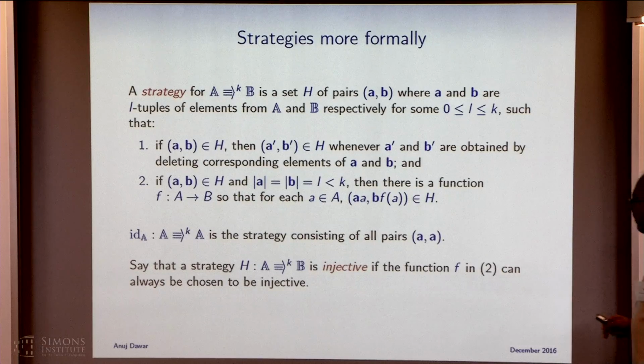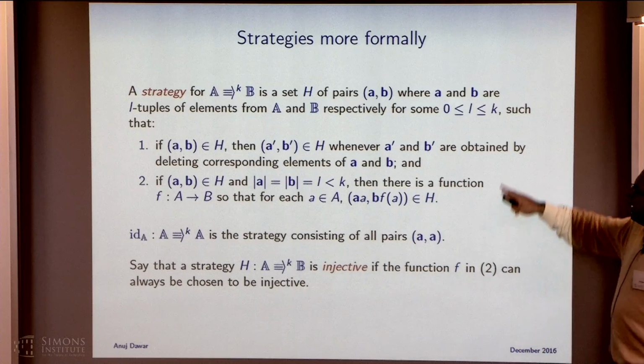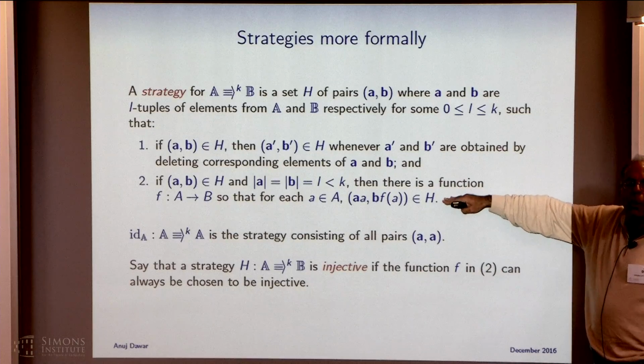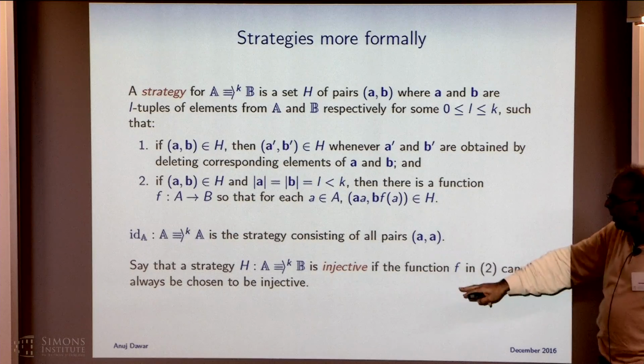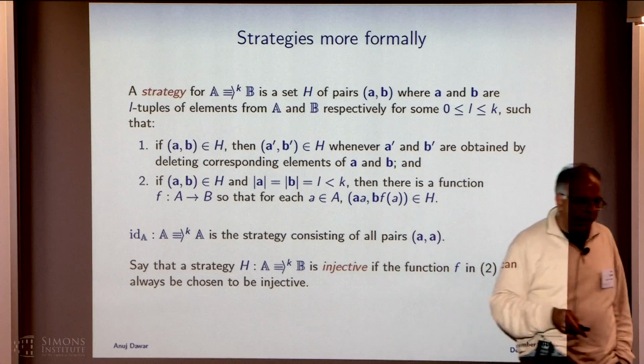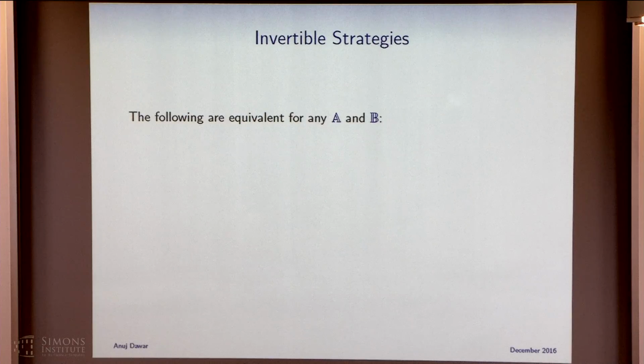I'll call a strategy injective if, in condition 2, you can always choose the function f to be injective. I'll sometimes denote that with a little subscript on this relation symbol for injective function. With that, we get a nice little thing we can prove.